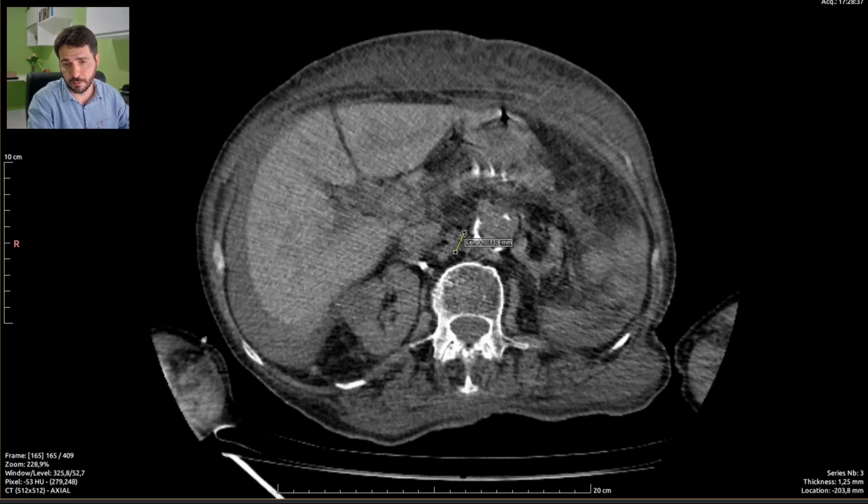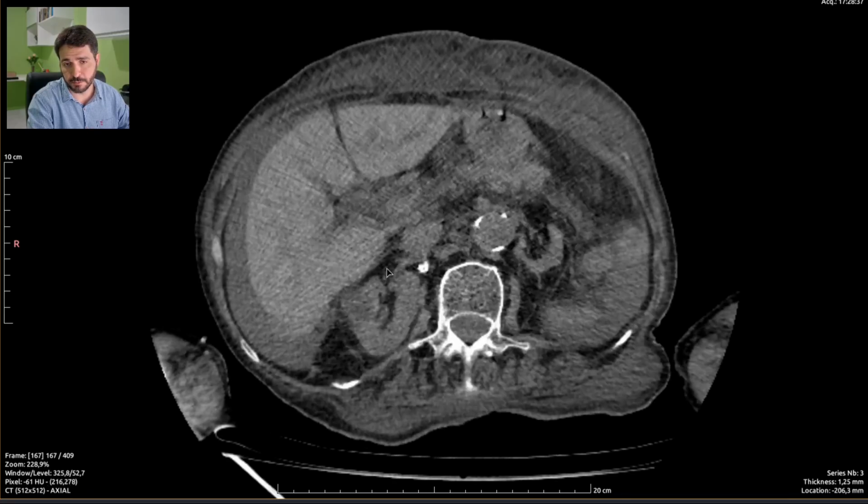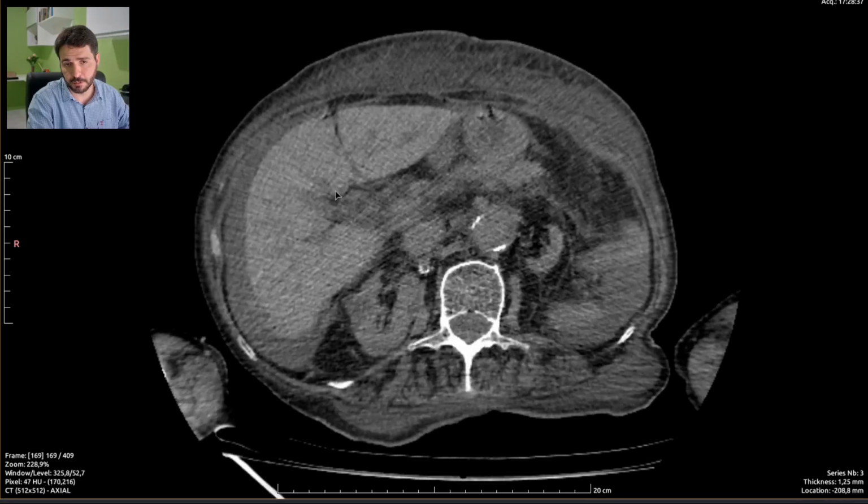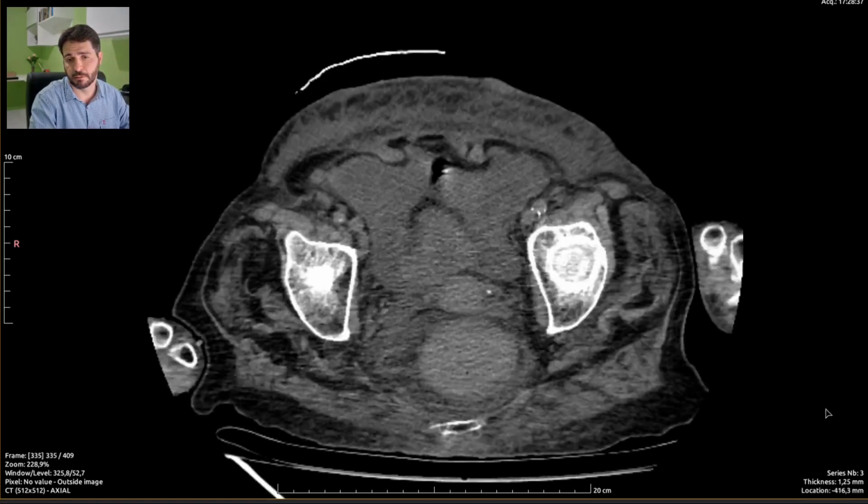Some adenopathy, some lymph node enlargement. You can see here. So there is. Why shouldn't there be? There should be enlarged lymph nodes in such a severe disease. Just makes much more sense this way.